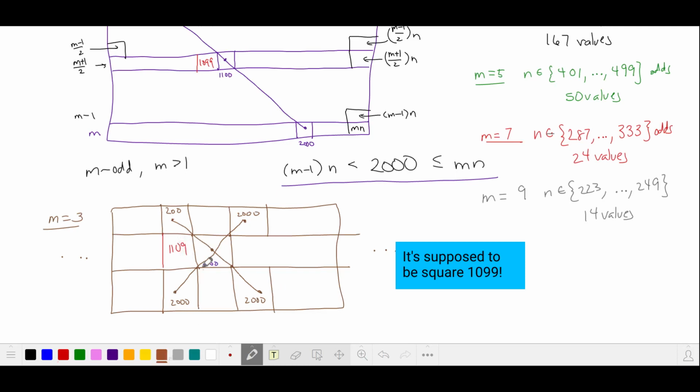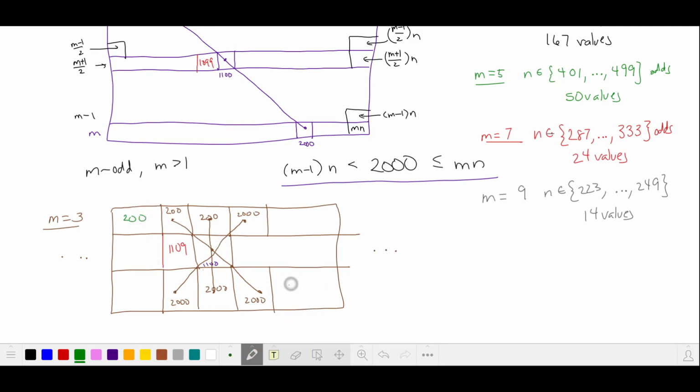It also won't pass through our square of interest if 200 is here and 2000 is here. Now, if we connected these squares, we're also not passing through 1109. However, if 200 is here, that puts 2000 over here, or likewise 2000 is here and 200 is here. If we connect these 2 points, we see that we do pass through this red square 1109 and vice versa.